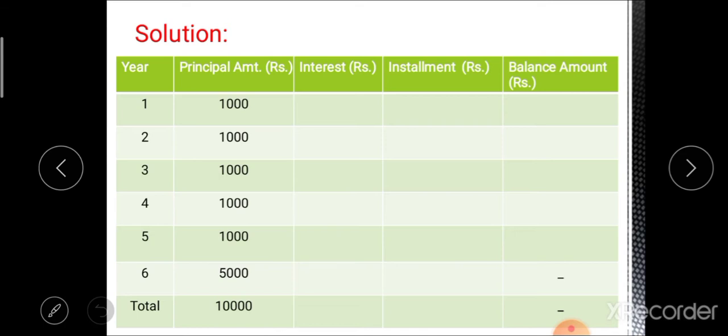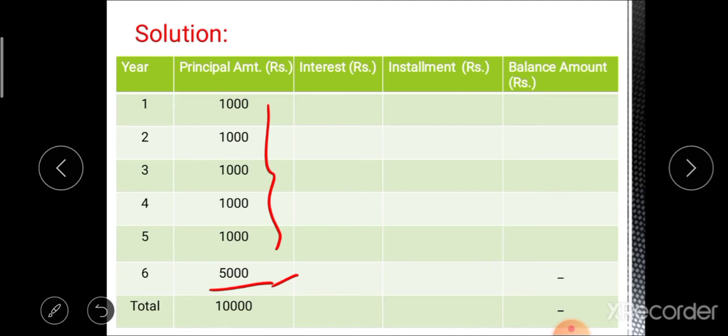As per the definition of partial repayment plan, the previous installments are smaller, and at the end of maturity of this particular repayment plan, a larger installment is paid.